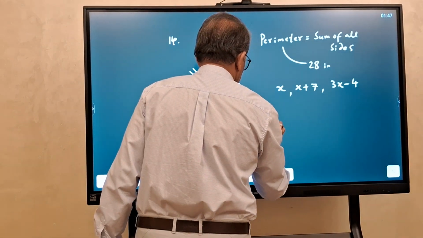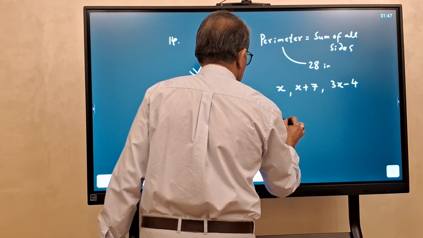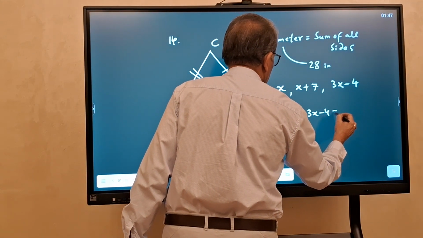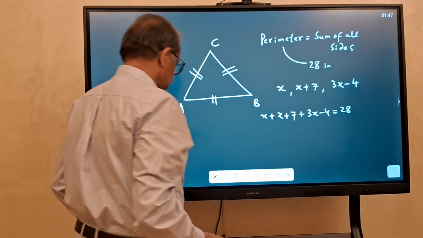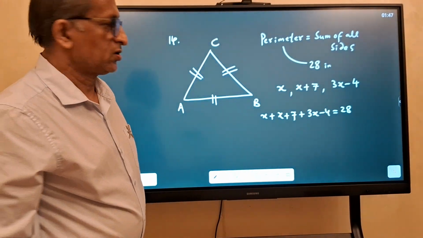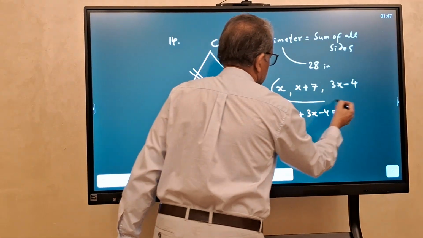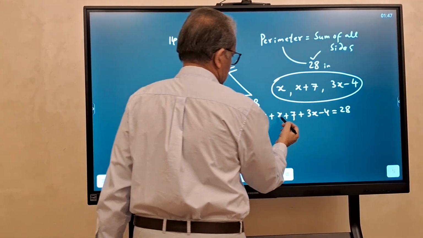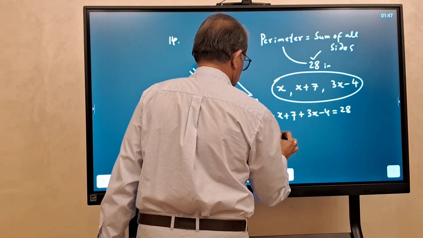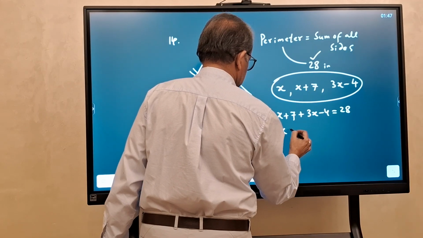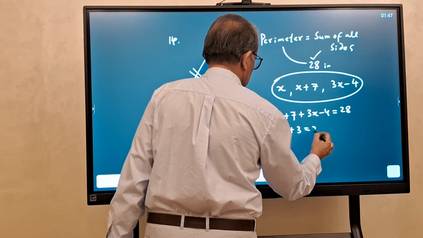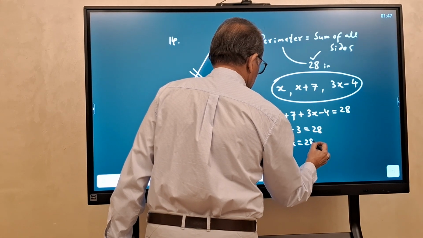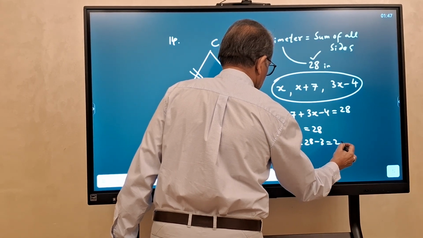Perimeter is given. That means x plus x plus 7 plus 3x minus 4 equals 28, which is given. So I add all the sides, right? It should be equal to 28. x, x, 3x, that is 5x, 7 minus 4 is plus 3, equal to 28. So 5x is equal to 28 minus 3, that is 25.